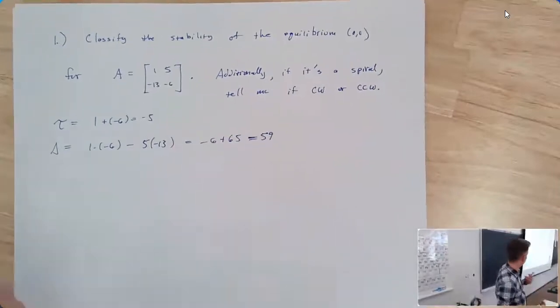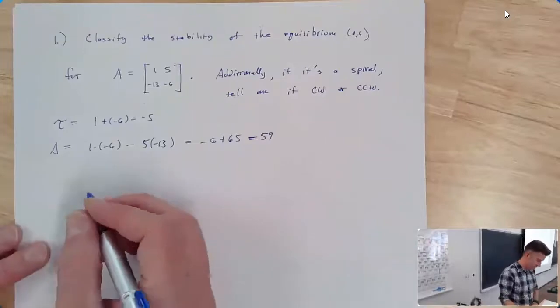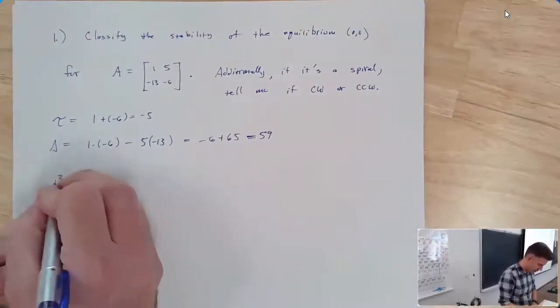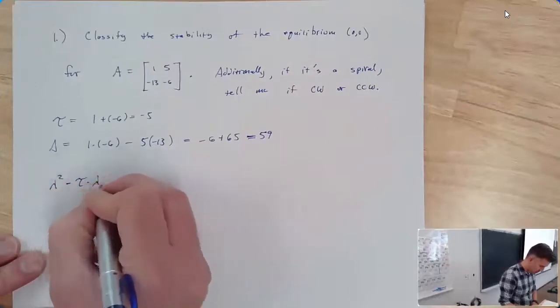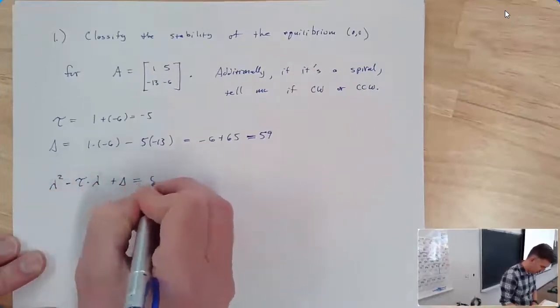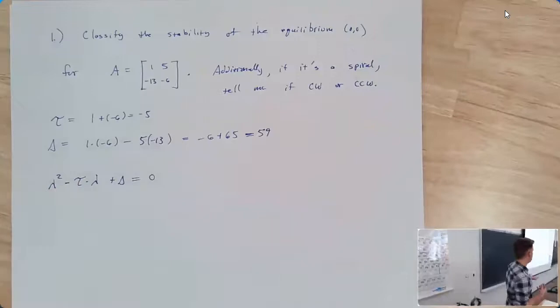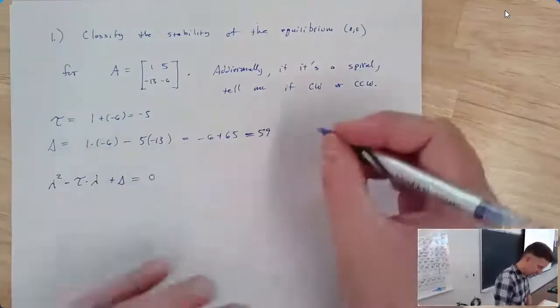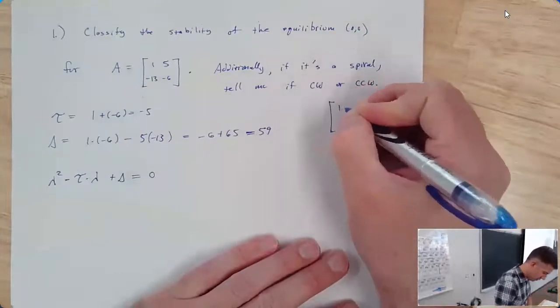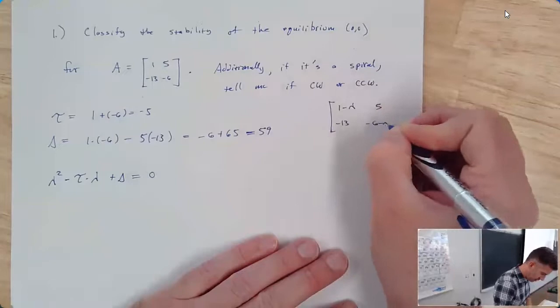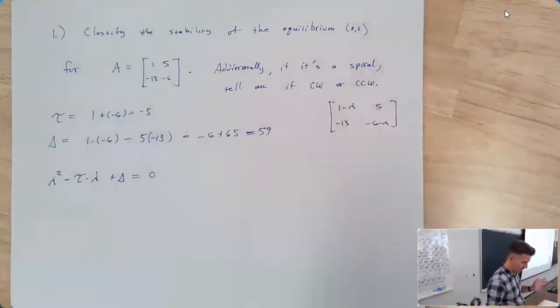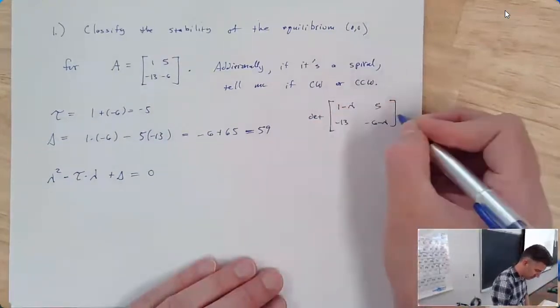So here's what our equation always ends up being. Our equation is lambda squared minus the trace times lambda plus the determinant equal to 0. You would also get there the same way if you did the other thing, right? If you did 1 minus lambda, 5, -13, -6 minus lambda, and the determinant of that set equal to 0, you get to the same spot.